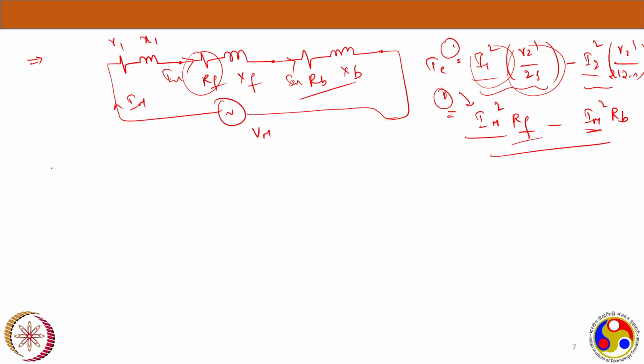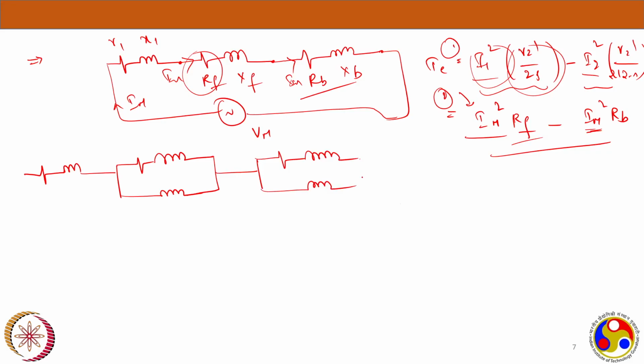So again, I'm just quickly drawing the equivalent circuit with these parallel branches, so you can actually see this. This is R1 X1. So let's analyze the circuit at the starting.